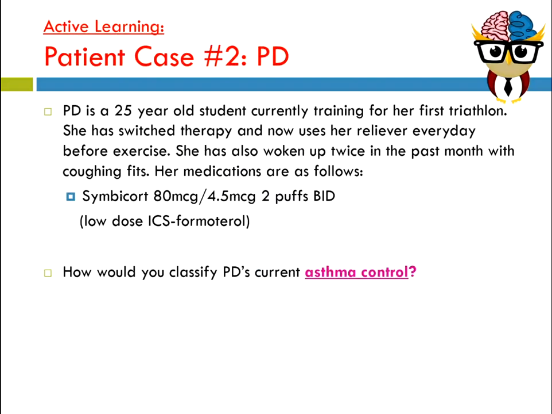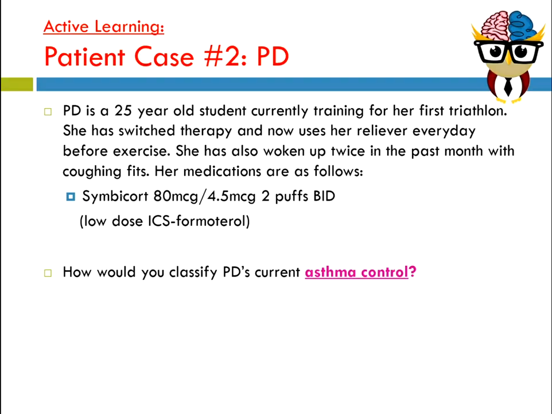Alright, so we're back to the patient case. She is a 25-year-old female, currently training for her first triathlon. She has switched therapy and now uses her reliever every day before exercise. Is that a yes of the 4 questions? No, it is before exercise. Okay? She also has woken up twice in the past month with cough fits. Her medications are as follows.